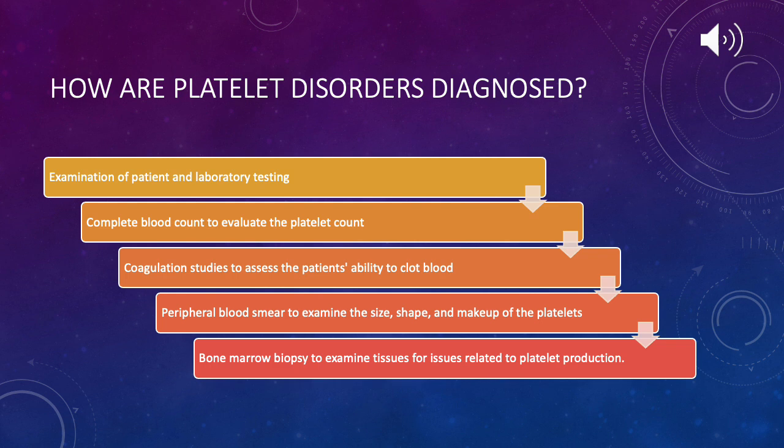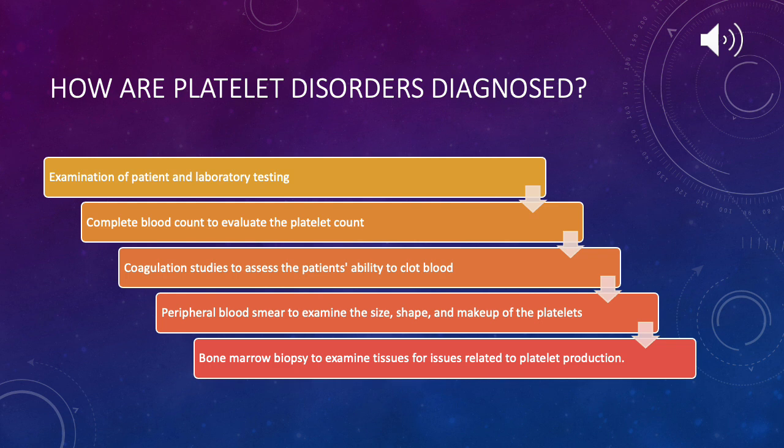This evaluates the actual number of platelets, not the shape or size, but the platelet count will tell you if there are too many or too few platelets in the peripheral circulation. Coagulation studies are often done. This looks at the clotting ability of the blood. It doesn't tell you specifically about the platelet, but will tell you about other clotting factors that interact with the platelet and how well your body is able to clot.